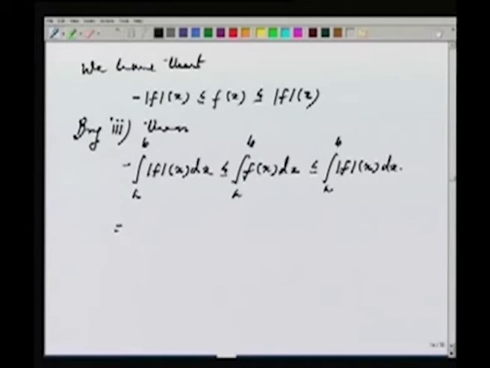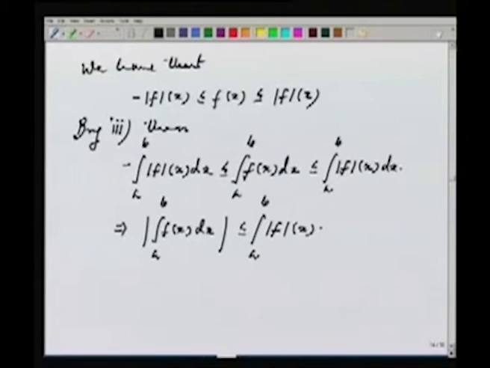But this precisely means that modulus of integral a to b f(x) dx is less or equals to integral a to b mod f(x) dx. By the definition of mod f, this is same as integral a to b modulus of f(x) dx, which is precisely what we wanted to prove.